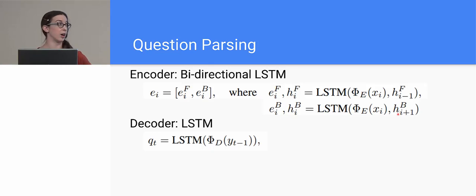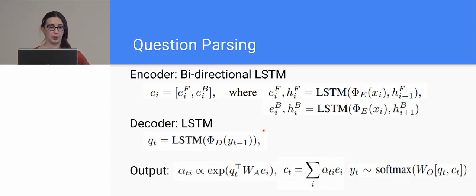So now we have our encoder embedding. For the decoder, we're using a straightforward LSTM. So the output of our decoder is Q sub t for time step t, and then the LSTM is applied to the decoder word embedding applied to the previous output token. So that's y sub t minus 1, and we'll look at how we get that y sub t.